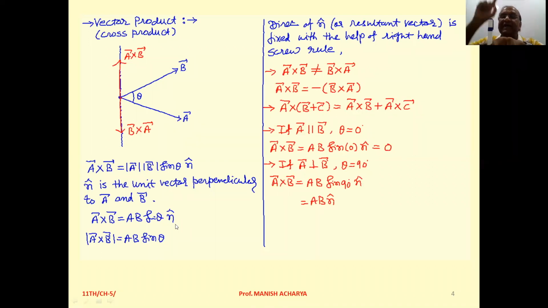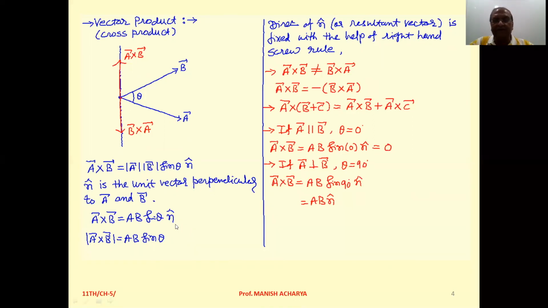So that is the direction of the resultant vector. If we want B cross A, then we have to rotate it from B to A like this. So in the direction B to A, place the fingers, then your thumb goes downward. So your resultant vector in this case will be downward.